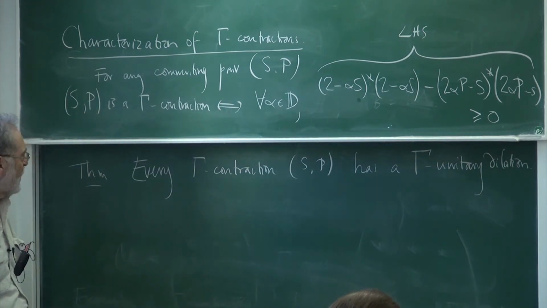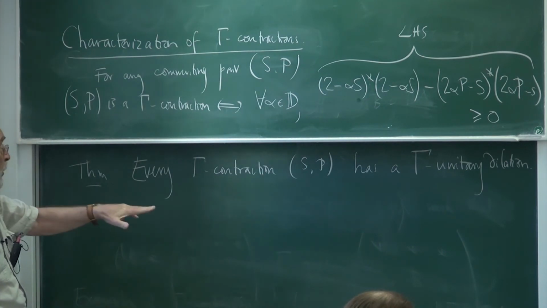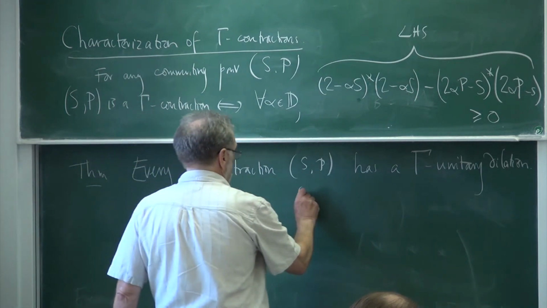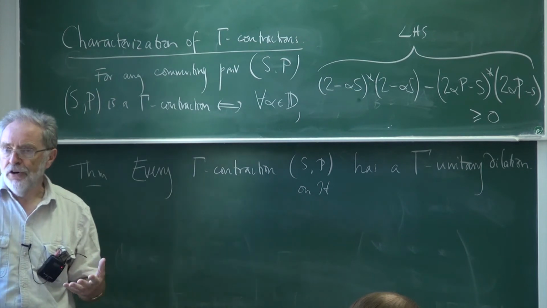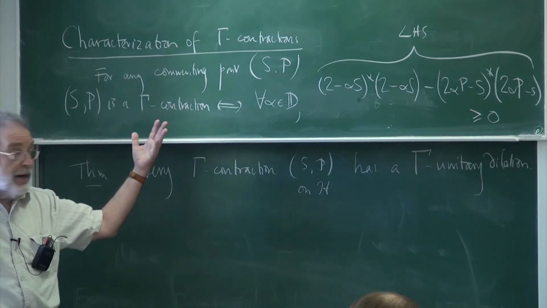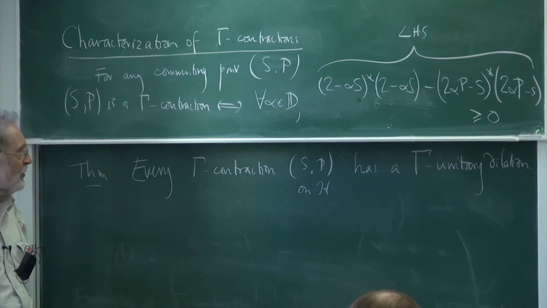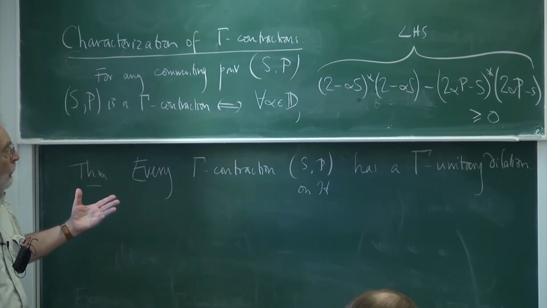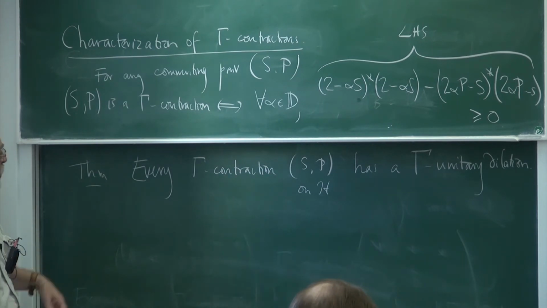So let me say a bit more precisely what I mean by that. You can imagine (S, P) is on a Hilbert space H. To talk about a dilation, you want a larger Hilbert space K, and you want a gamma unitary on that larger Hilbert space, such that, well, two ways of thinking of it.